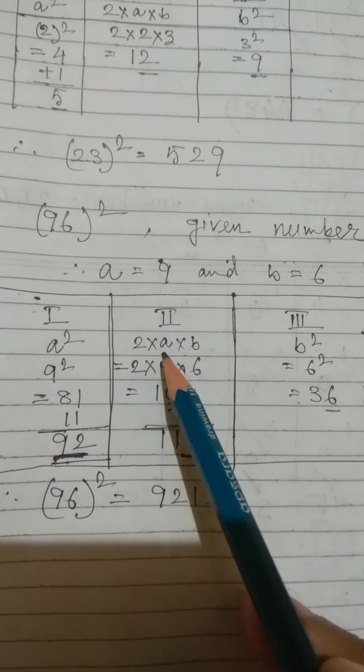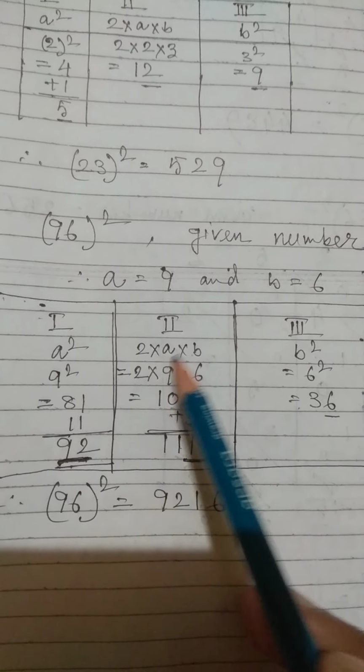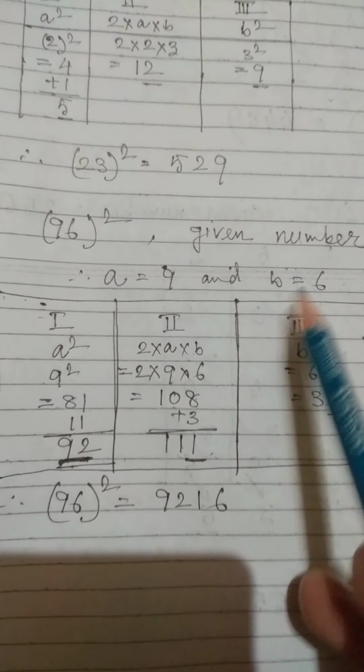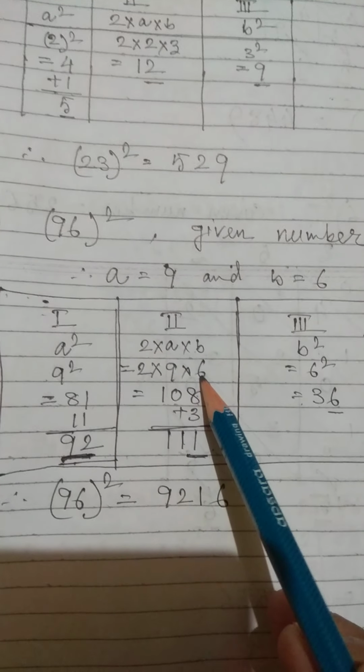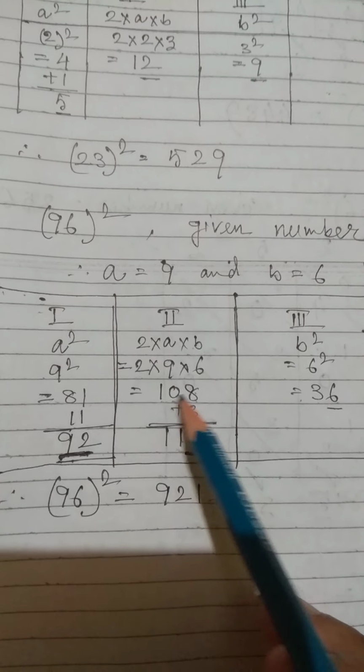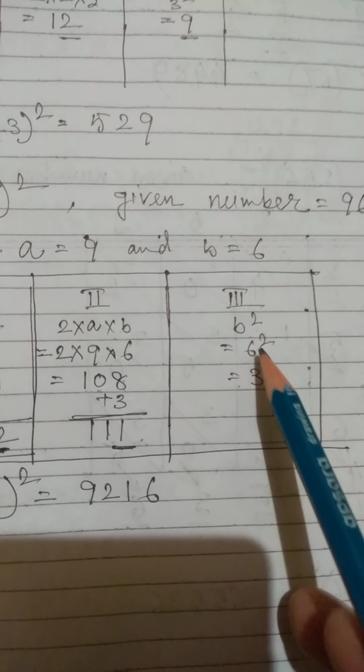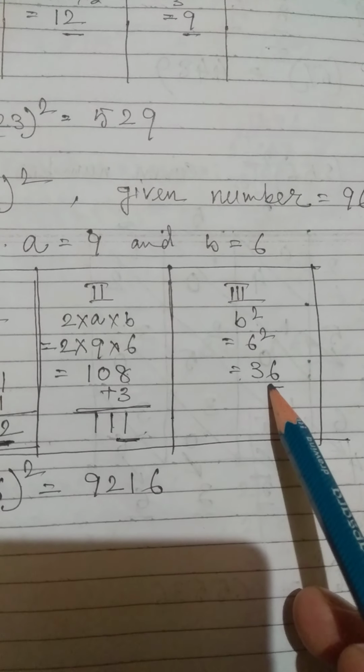In the second column 2 into a into b, so 2 into 9 into 6, that is equal to 108, and b square equal to 6 square equal to 36.